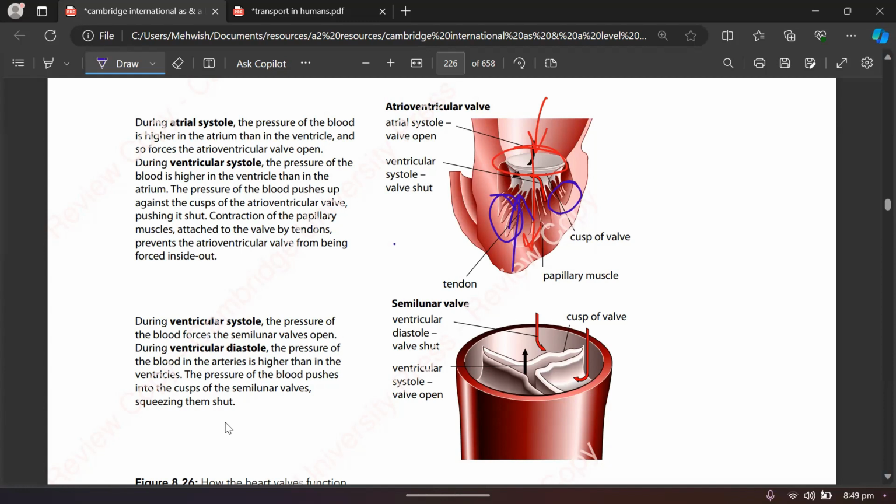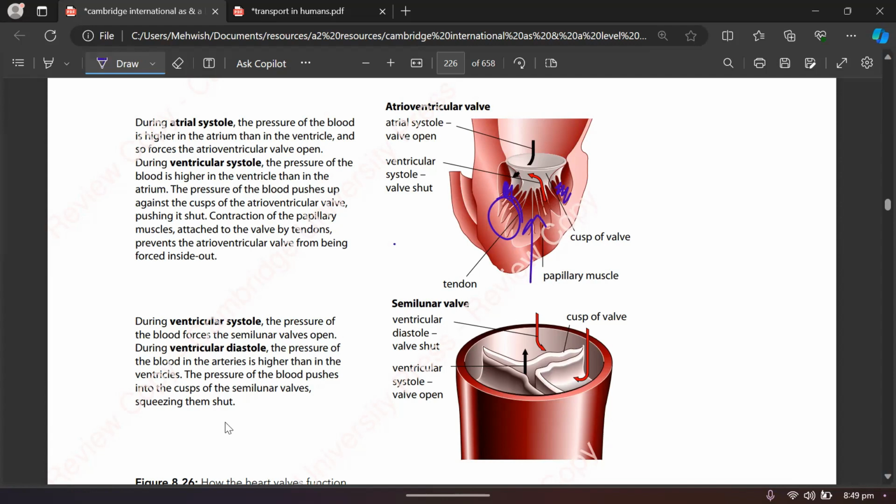So this is how the atrioventricular valve is opening and closing, right? During ventricular systole, when the ventricles contract, the blood comes from the ventricles against the walls and gets filled up in the cups here, causing the papillary muscles to contract and the tendons to relax, so the tendons get slackened.